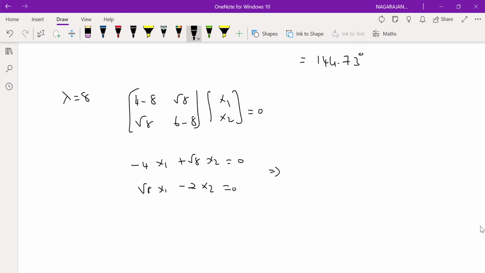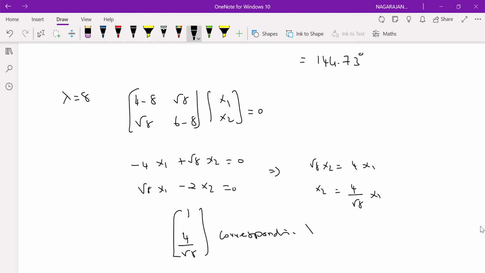So from this equation, square root of 8 x2 equal to 4 x1. So x2 equal to 4 by square root of 8 x1. Take x1 equal to 1. So (1, 4 by square root of 8) corresponds to lambda equal to 8.